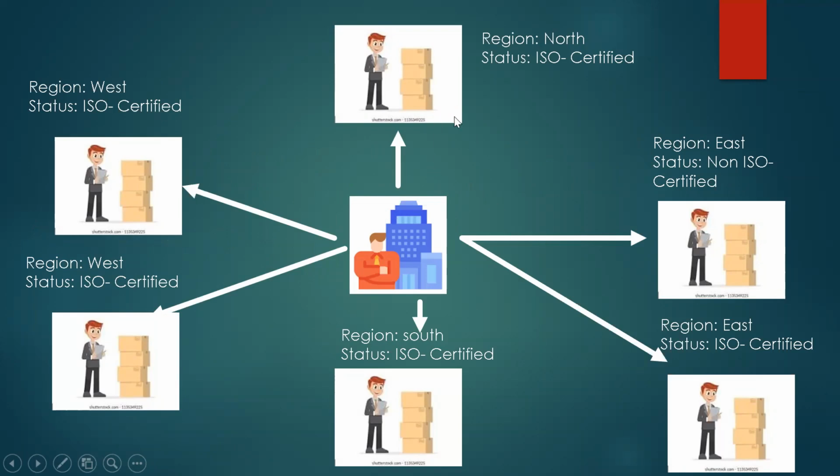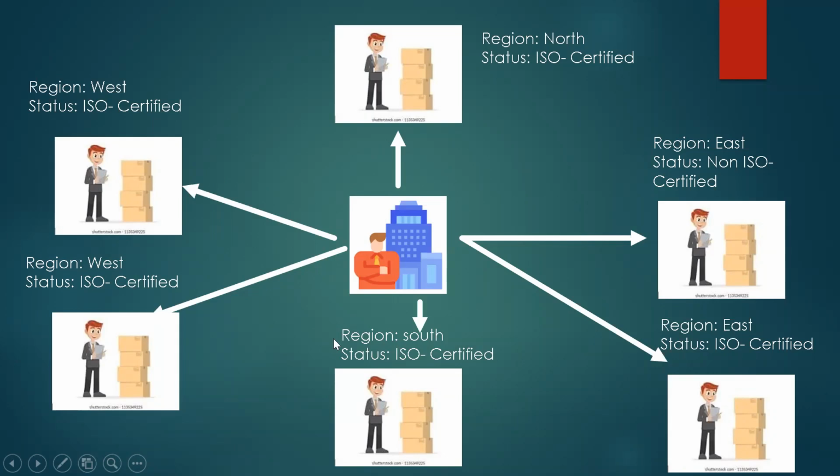Sometimes a supplier is from the north region and the supplier status is ISO certified. And some suppliers are from the south region and ISO certified. Some suppliers can be non-certified but in the east region. Some suppliers are ISO certified from the east region. So these are the scenarios.